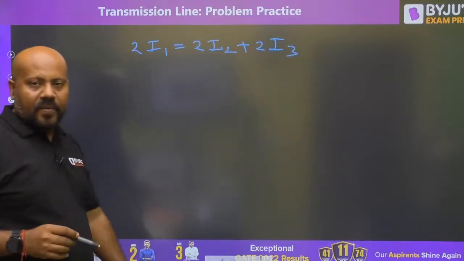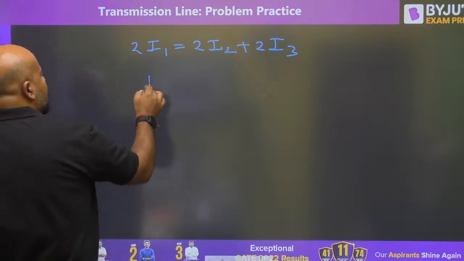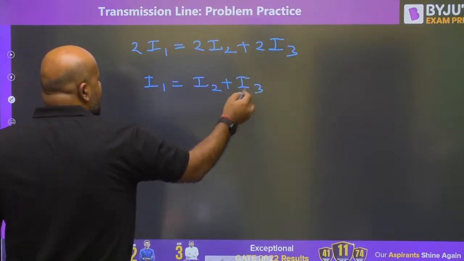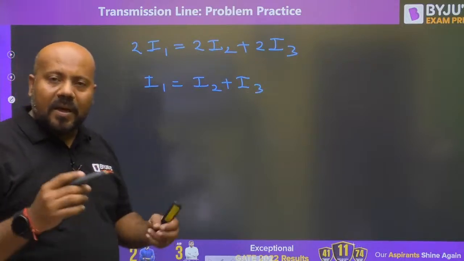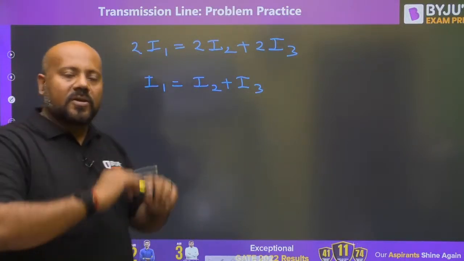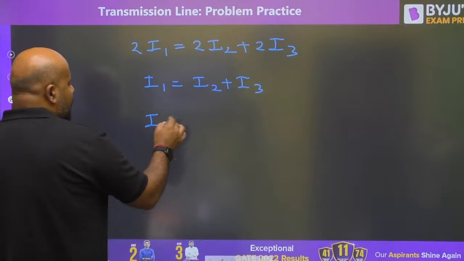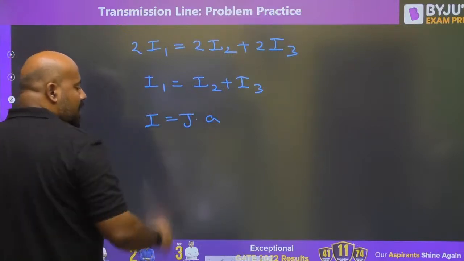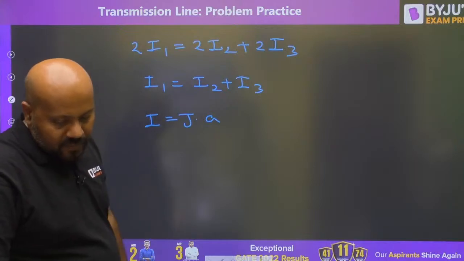So 2 is going to be cancelled. You can write I1 is equal to I2 plus I3. Now again you understand, the current is current density multiplied by the cross sectional area, and current density for the transmission line is going to be constant. So directly you can equate the area, yes or no?